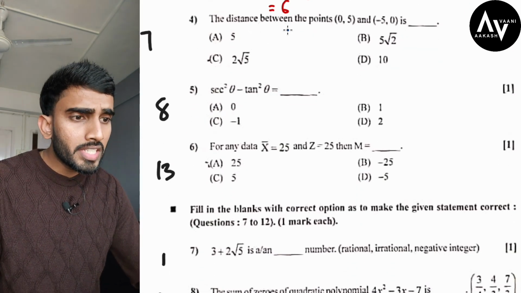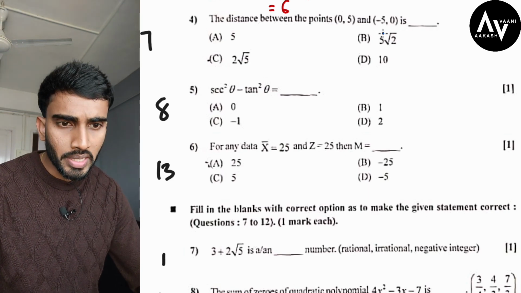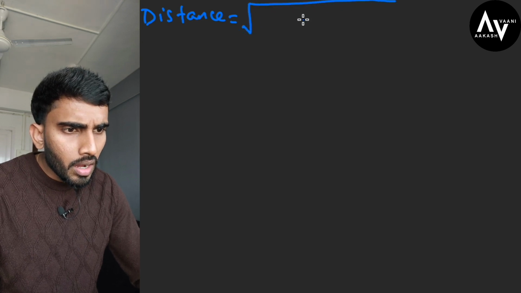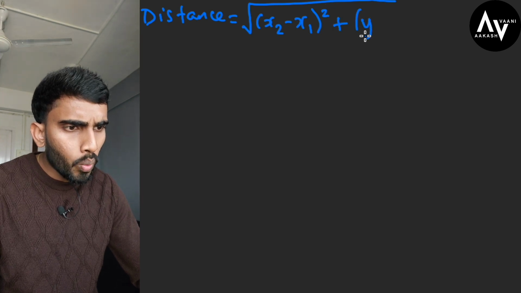Question number 4. The distance between the points (0, 5) and (-5, 0) is dash. The formula to find the distance is the square root of (x2 minus x1) square plus (y2 minus y1) square.